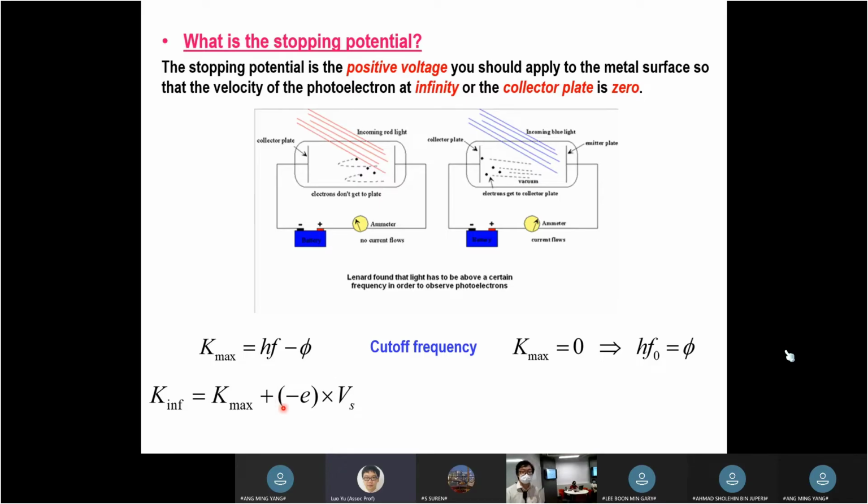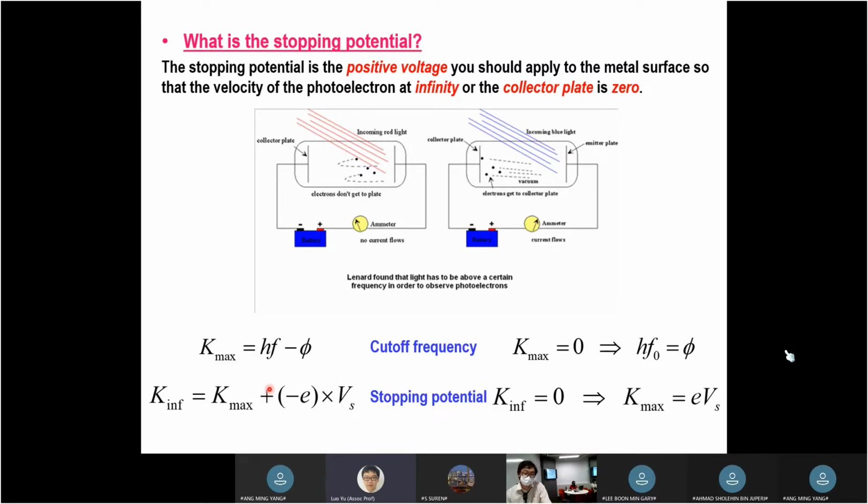The electron has a negative charge, so it is minus eV, where V is the potential difference between the collecting plate and the incident plate, also the potential between infinity and the plate, because at infinity the potential is normally 0. Then the kinetic energy we collect at the collecting plate is equal to Kmax plus minus eV. This is by conservation of energy.